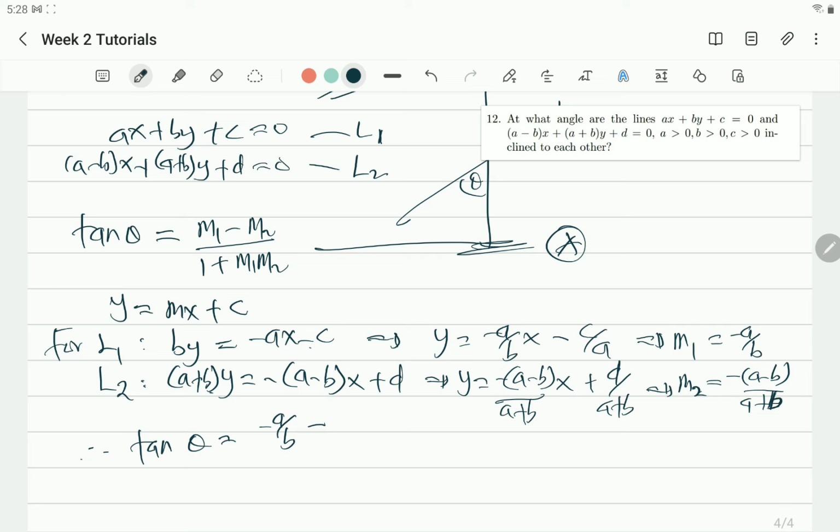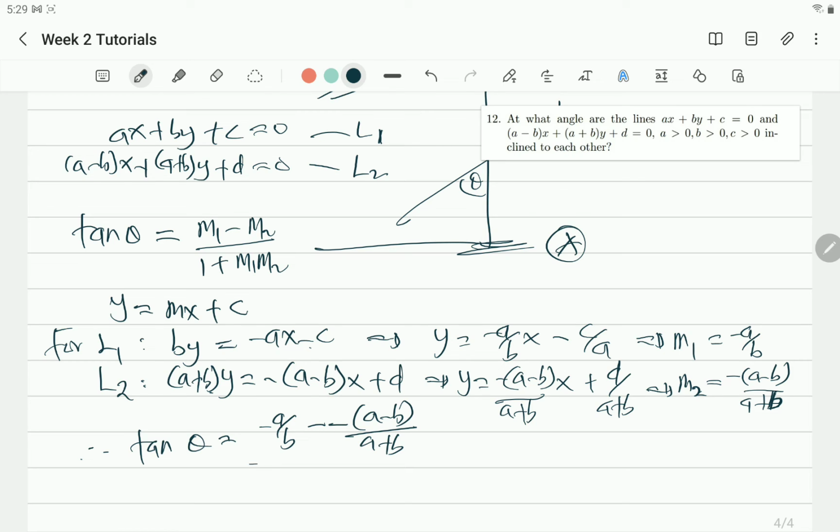Remember the m2, right? I could have simplified it, but let me leave it as it is. So I'll have another negative, and that will be (a minus b) all over (a plus b).